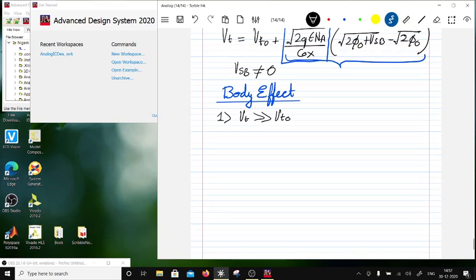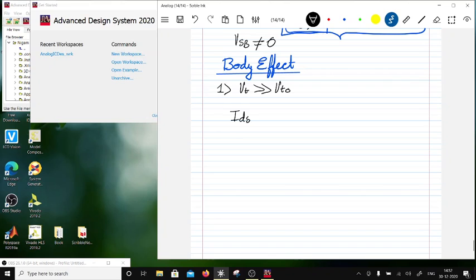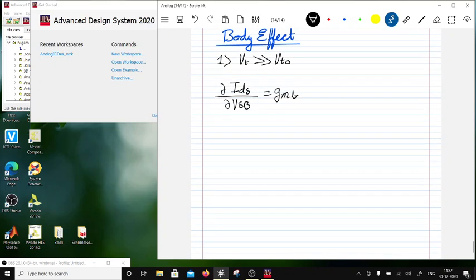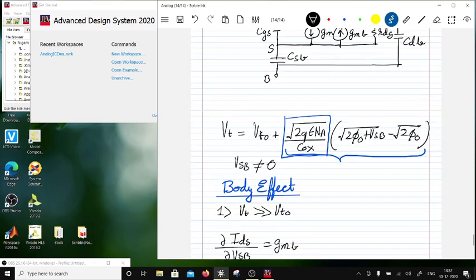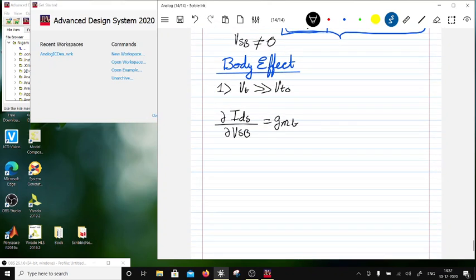There is this IDS, and this IDS becomes a function of VSB. Then this will be called GMB. We will see that there would be an additional transconductance introduced which will be opposing GM, in the opposite direction. So that's the additional body effect.